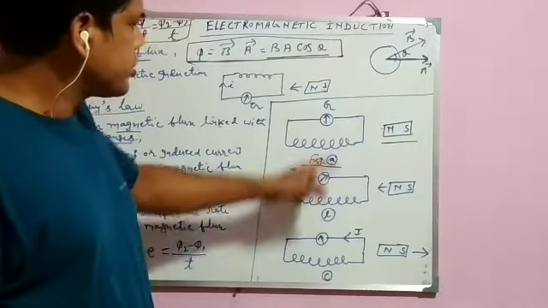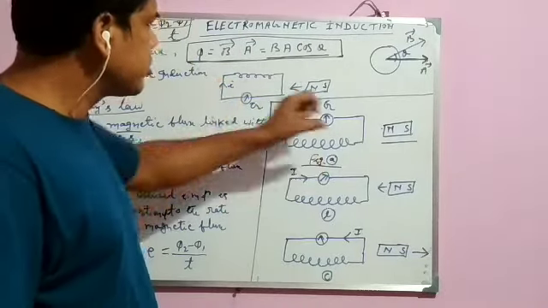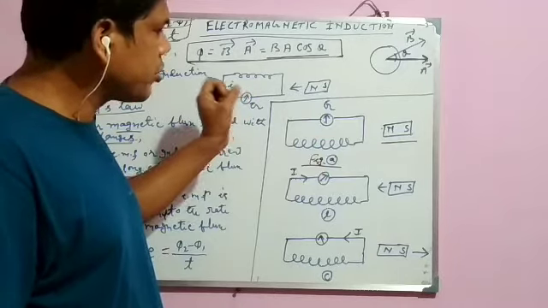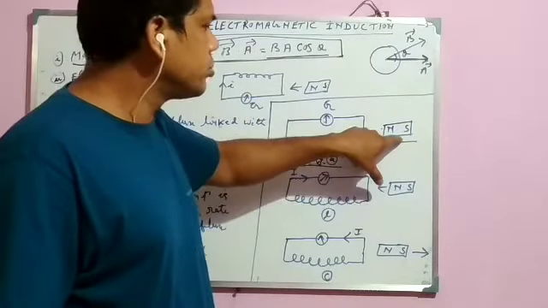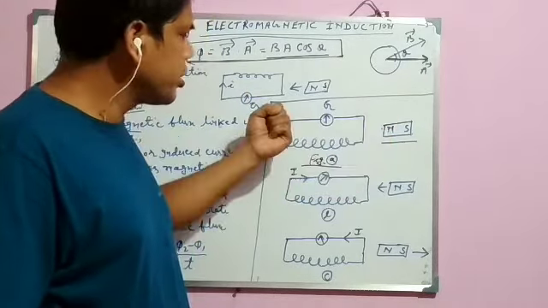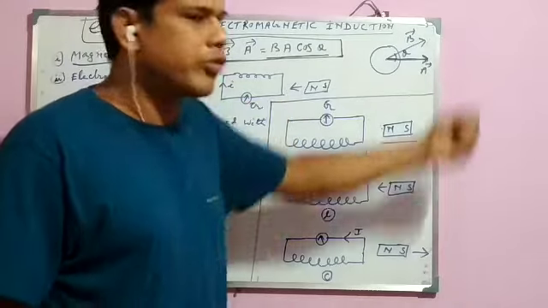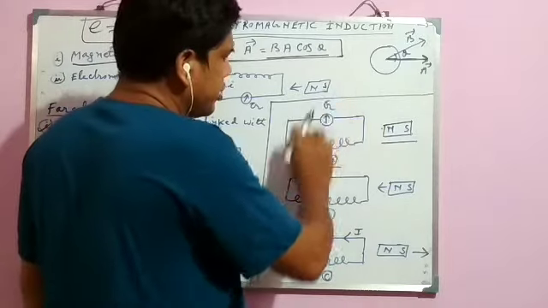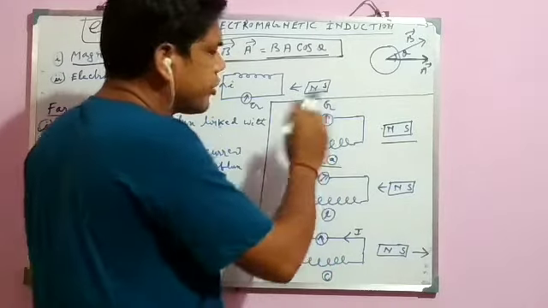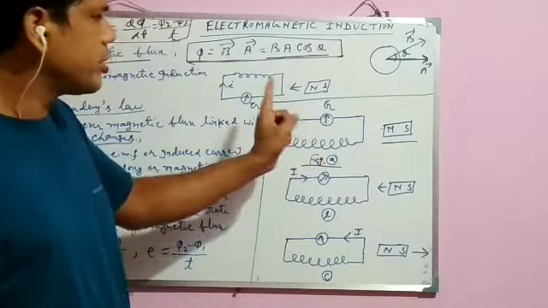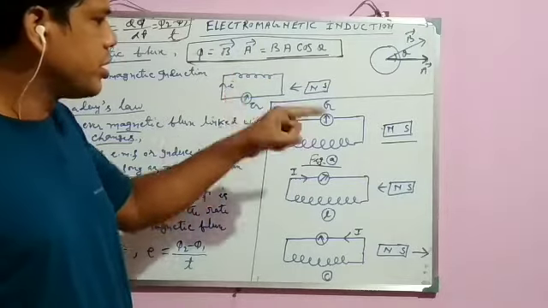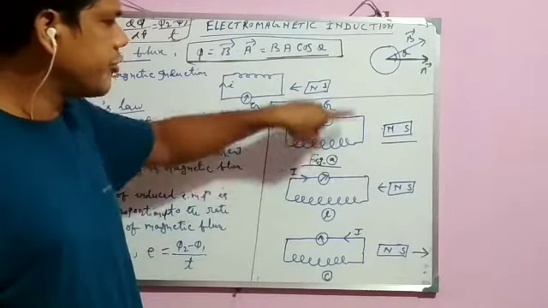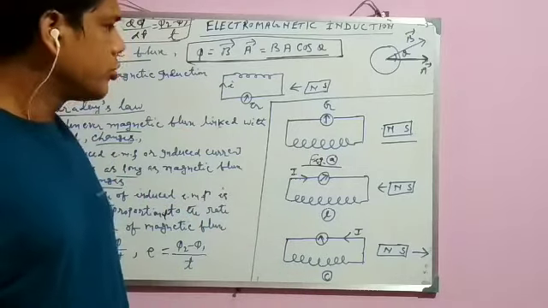Neither is the coil moving towards or away from the bar magnet, nor is the magnet moving towards or away from the coil. Both are fixed. He observed that no current flows, the galvanometer needle does not move in either direction, so there is no current through this closed coil.